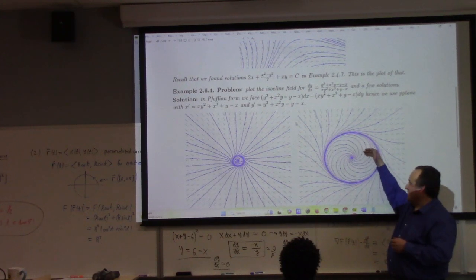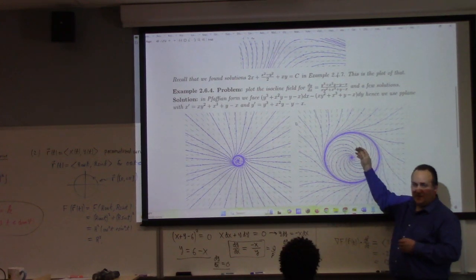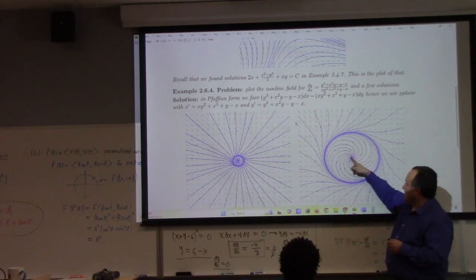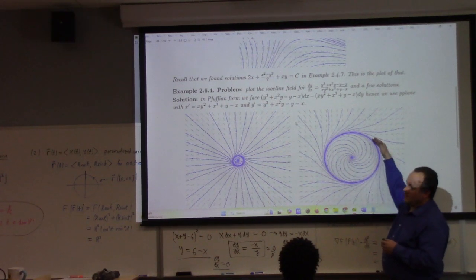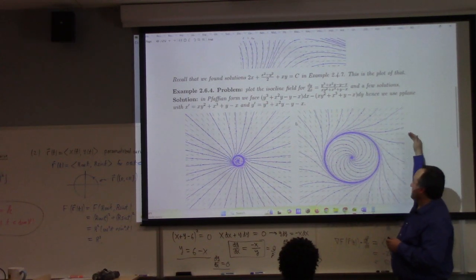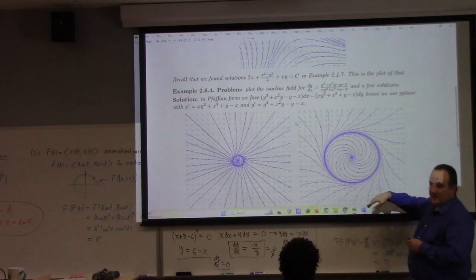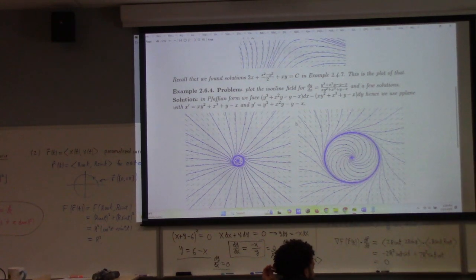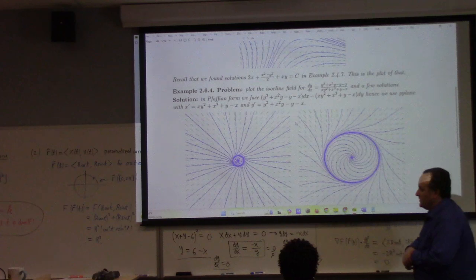The solutions here will continue all the way out to the unit circle, and outside the unit circle, they all get sucked into it. I believe the denominator is 0 on the unit circle, so the differential equation isn't quite defined there, and that's why there's really interesting behavior there in the limiting sense.